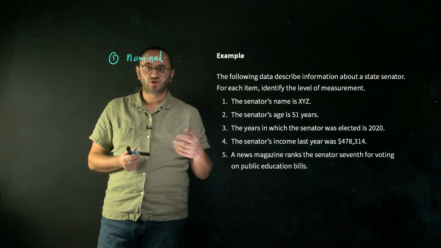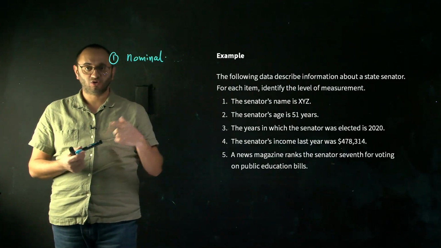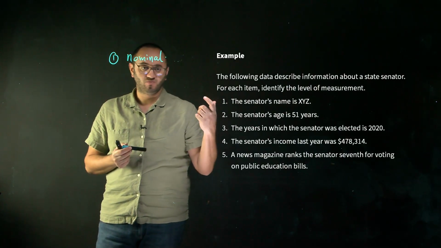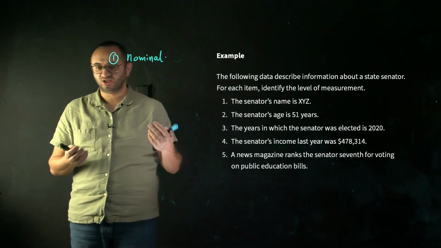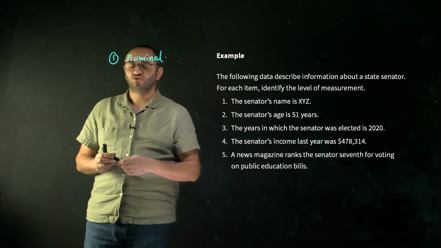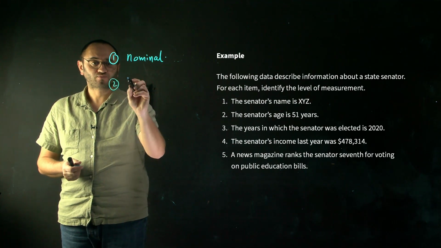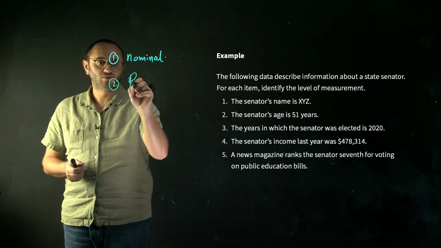The senator age is 51 years. So the age is an example of a ratio, right? Because 0 could be a true 0. If your age is 0, this means a newborn baby, right? So number 2 is ratio.